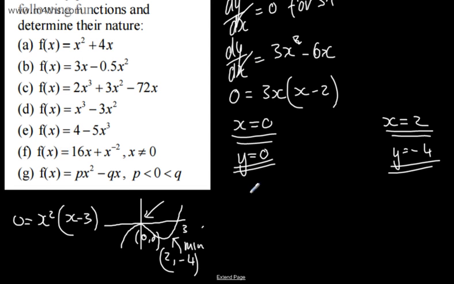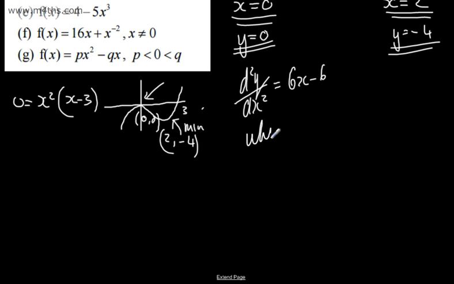Okay, so we're going to check these now. So taking the second derivative, d2y by dx squared, this is going to become 6x minus 6. So we can say when x is equal to 0, d2y by dx squared is equal to 6 times 0 minus 6, negative 6.